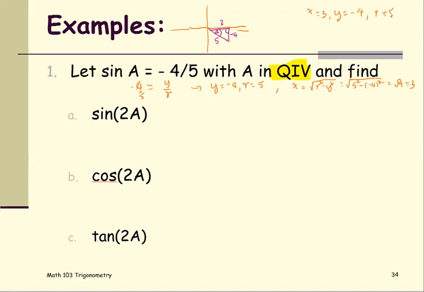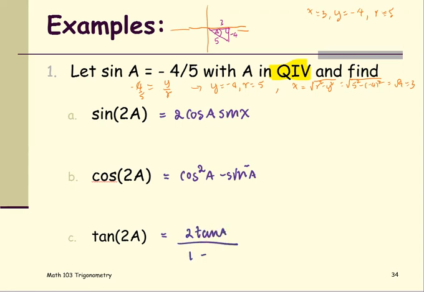From the formula, sine of 2a, a sine double angle, is 2 times cosine a times sine a. And for the cosine of the double angle, there are 3 different forms. We just pick one of them. I'm going to use cosine squared a minus sine squared a. And the double angle formula for the tangent is twice the tangent a divided by 1 minus tangent squared a.